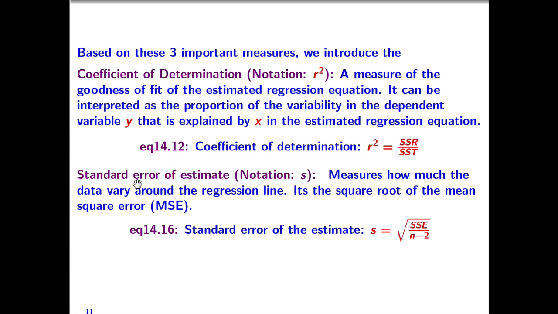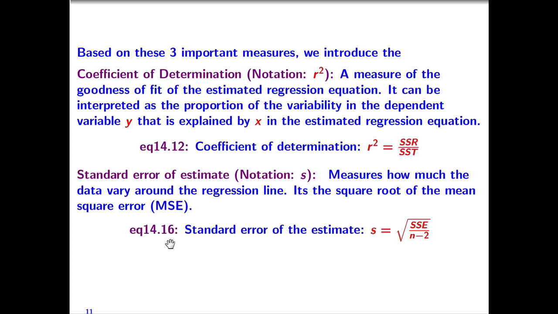The next measure is the standard error of estimate, and we use the notation S to represent it. It measures how much the data vary around the regression line. It's the square root of the mean square error, or square root of MSE.